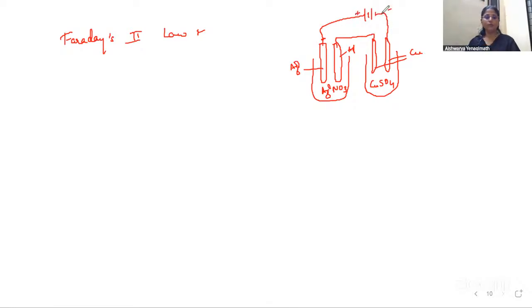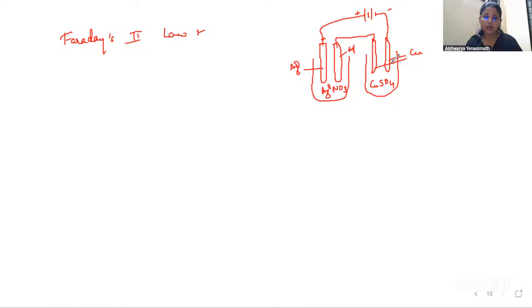But will that mean the same amount of element gets deposited on both cathodes, the same amount of silver on the silver cathode and the same amount of copper on the copper cathode? Absolutely not, even though the same amount of electricity is passed, because Cu and Ag are different metals.